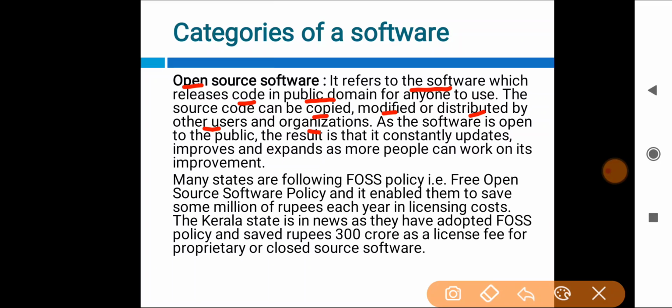As a result, the software constantly improves and expands as more and more people work on its improvement. So this policy is called the free open source software policy, and it has enabled some people to save millions of rupees.